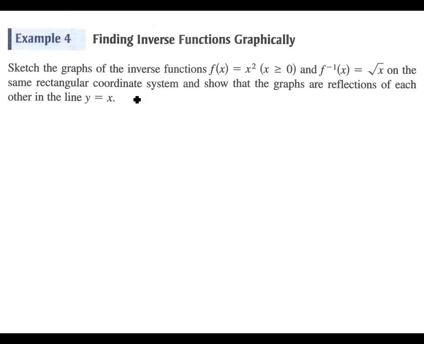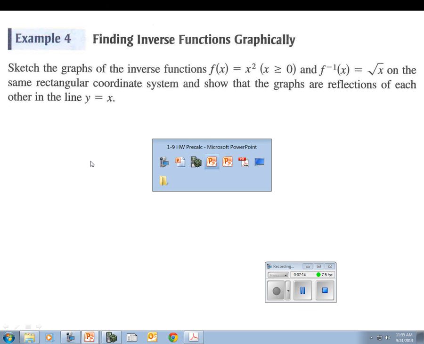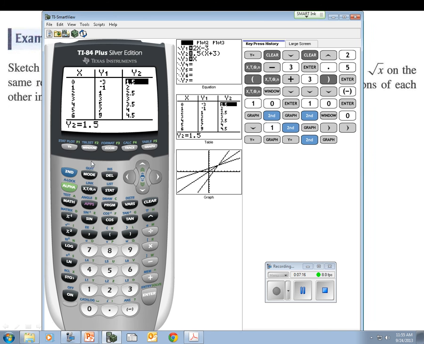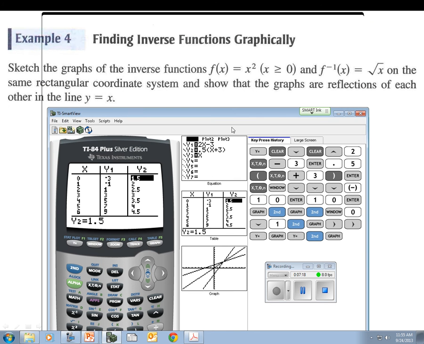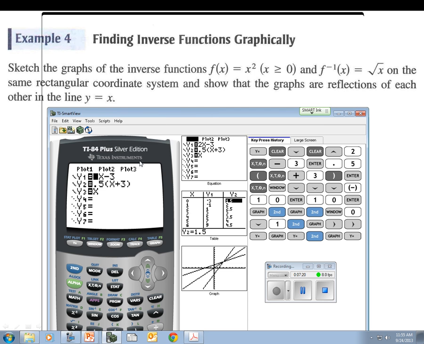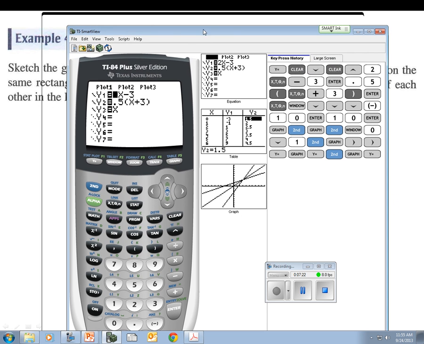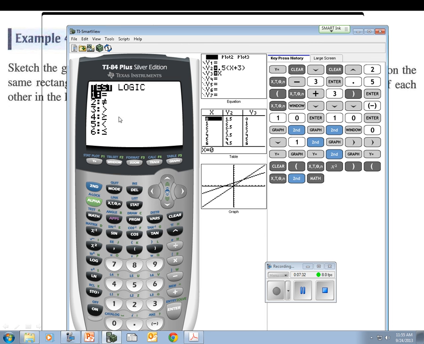All right, example 4, we're going to do the same exact thing here graphically. So let me bring the graphing calculator back. That's not it. There you are, and I'll have to clear out these. Y equals x squared, and there are restrictions here. So x squared, and x has got to be greater than or equal to 0, number 4.